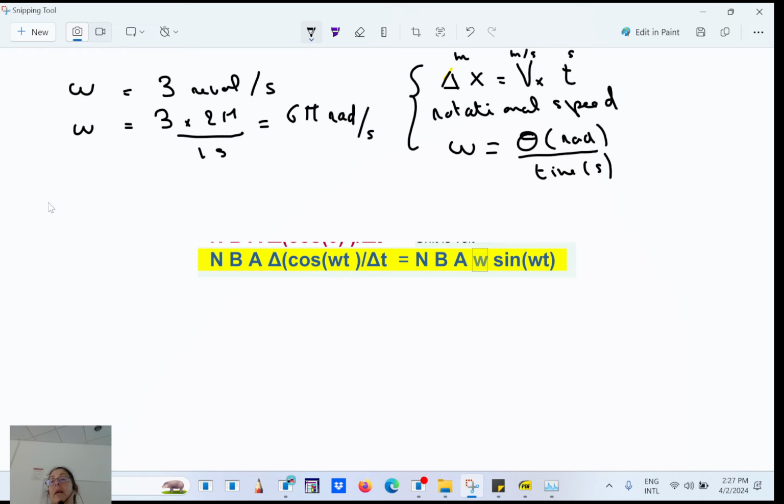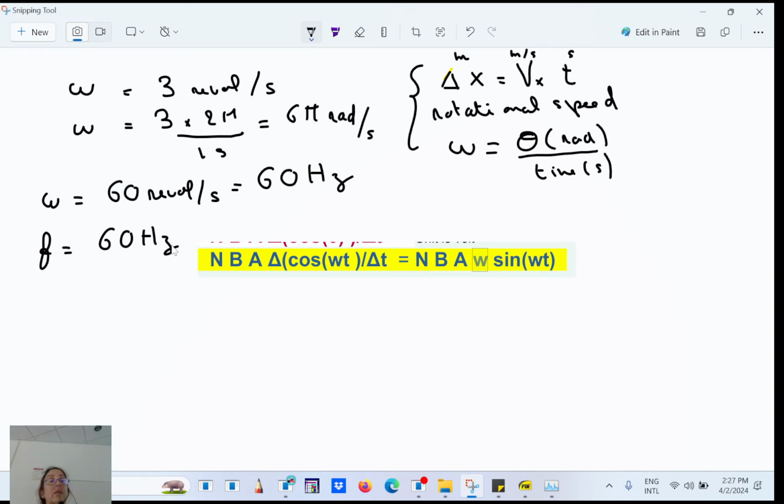So if I have, for example, 60 revolutions per second, that will be a frequency of 60 hertz. So that's what you get from the outlet. What's going to be the period? Remember we talked about that. The period is the time for 1 cycle, so 1 over 60.